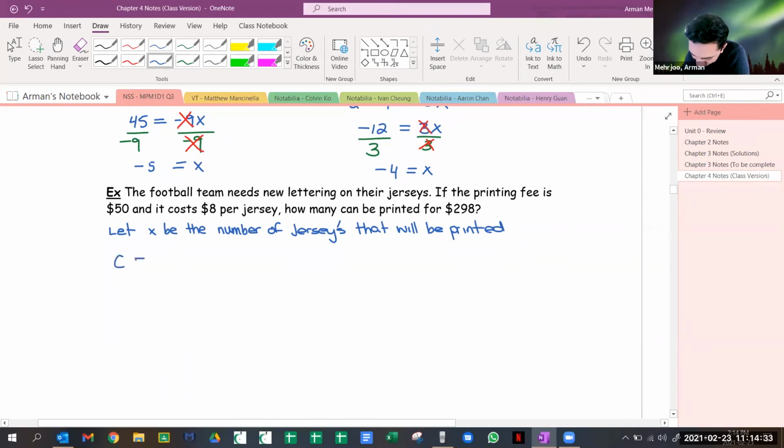My cost is the $50 that they're going to charge me, plus $8 per jersey. So again, my total cost is $50 plus 8 times however many jerseys I want to print.